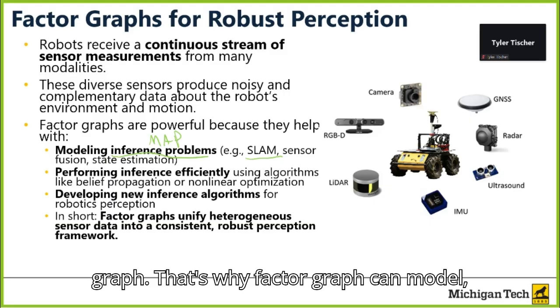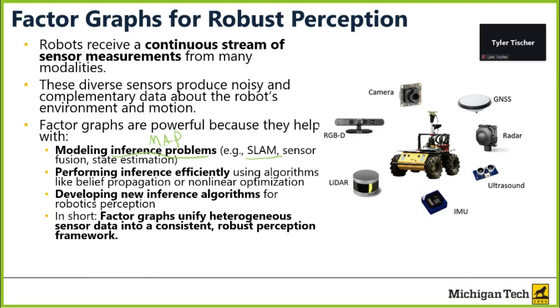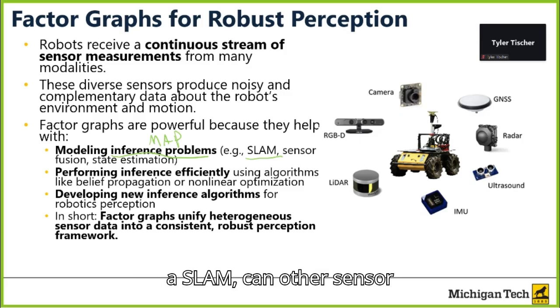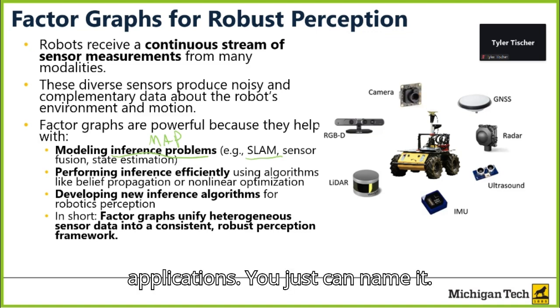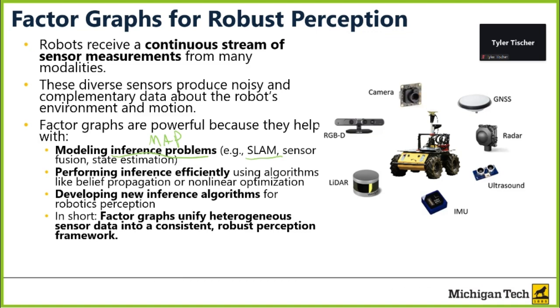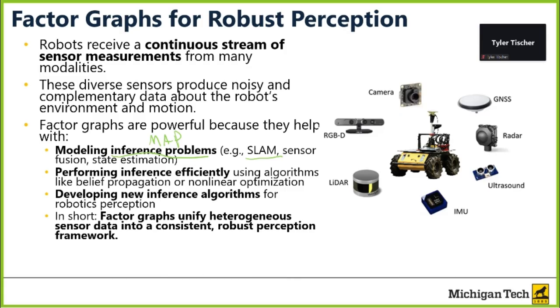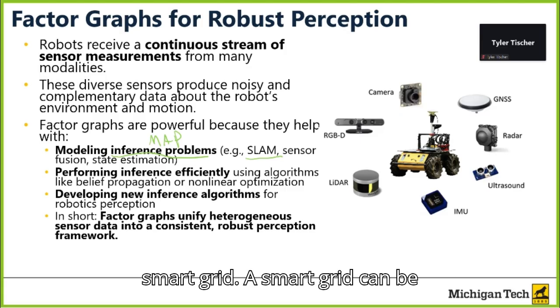Sensor fusion, state estimation, they can all be modeled using a factor graph. That's why a factor graph can model a Kalman filter, can model SLAM, can model sensor fusion, can model state estimation, and so many other applications. You just name it. Like right now, I'm working on a project for a smart grid.